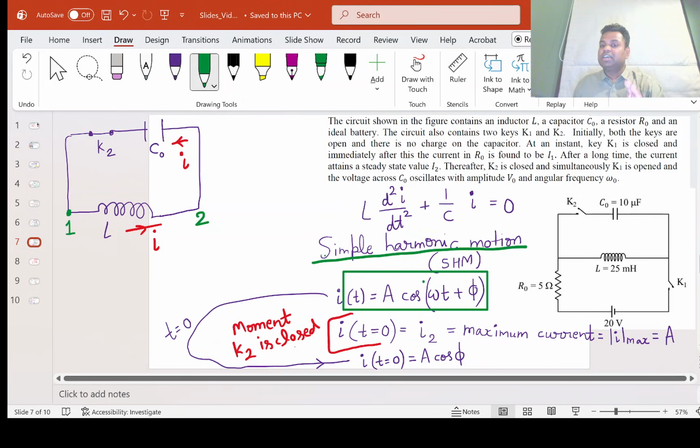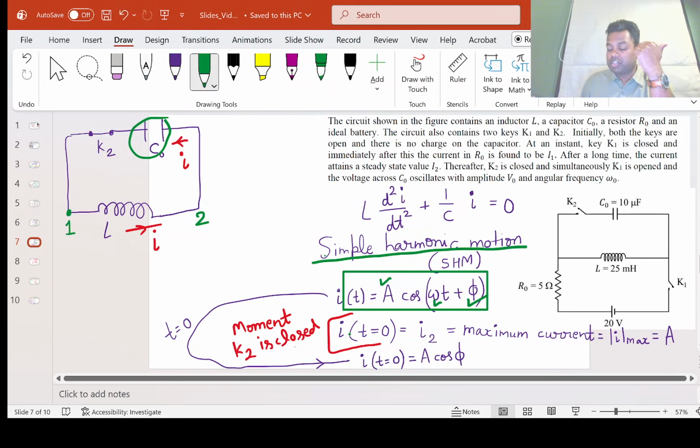We can find the amplitude, the maximum voltage across the capacitor, by using the energy method in a short way, but I still would like to cover it because you will learn some fundamentals. So let us solve this function. I(t) is this function. We have to find what is A, what is omega, and what is phi.